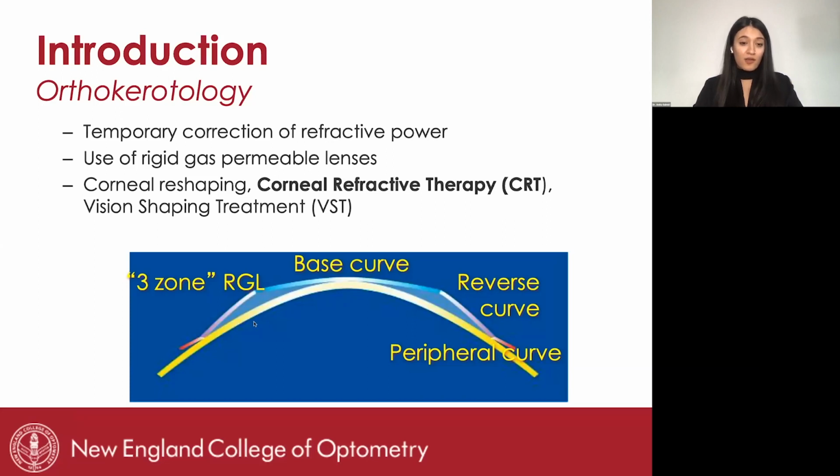That's unlike a regular GP. The secondary curve is called the reverse curve, also known as a reverse geometry curve. This is what allows orthokeratology to work, because we're compressing the tear film here and collecting it in these areas here.